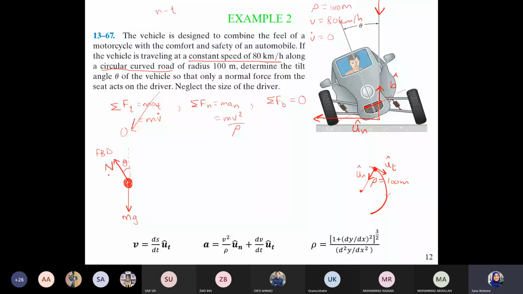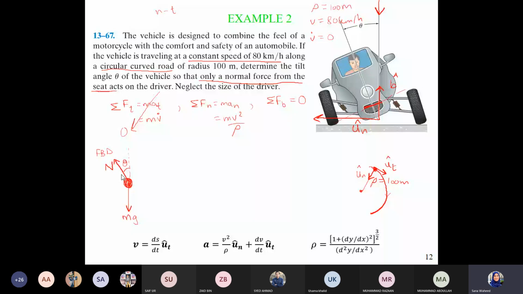Finally, I know that the question says to determine the tilt angle theta so that only a normal force acts from the seat. That means only a normal force from the seat, no friction. But let me just include the friction in there, just so we can see what effect friction would have.